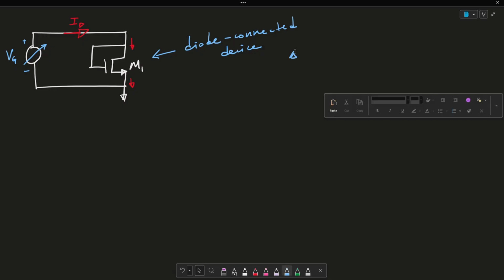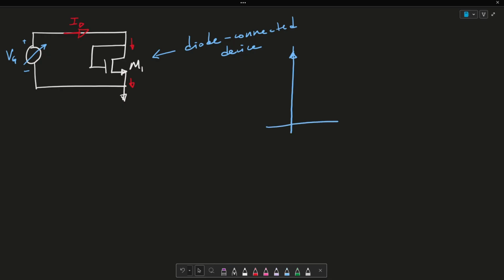And essentially what we want to do is we want to see what happens to ID as we vary VG. And we know that VG in this case is equated to VD for a diode connected MOSFET. Again, because this here is VD and this here is VG, and they're connected by this node here.